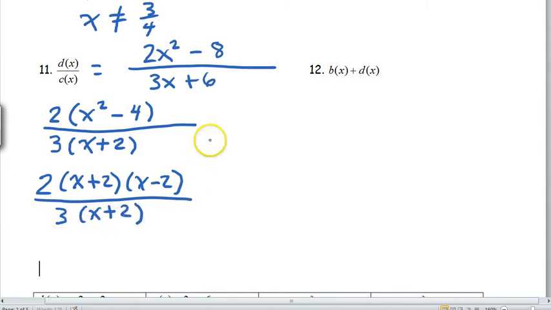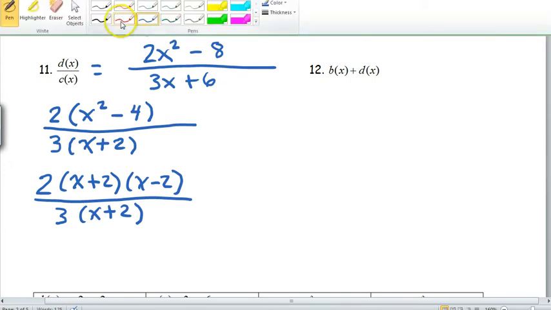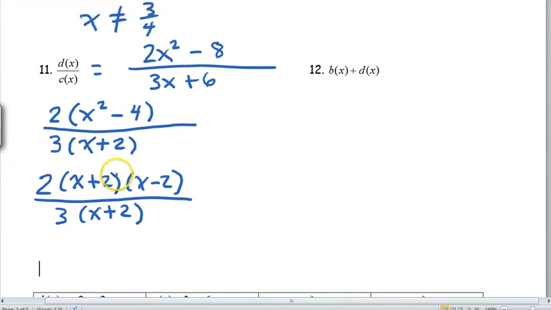It's a good thing I factored because now I have to cancel out. These x plus 2's cancel out. They go away.